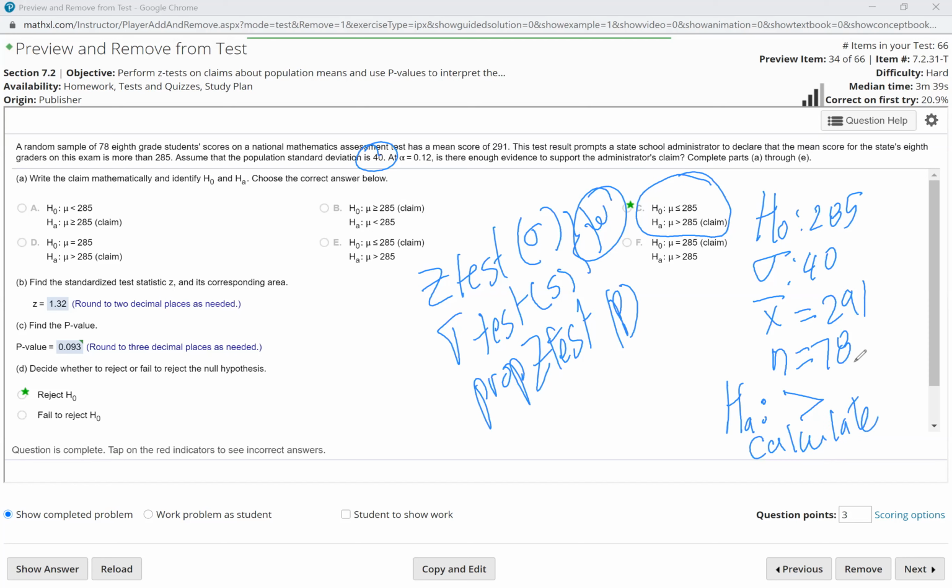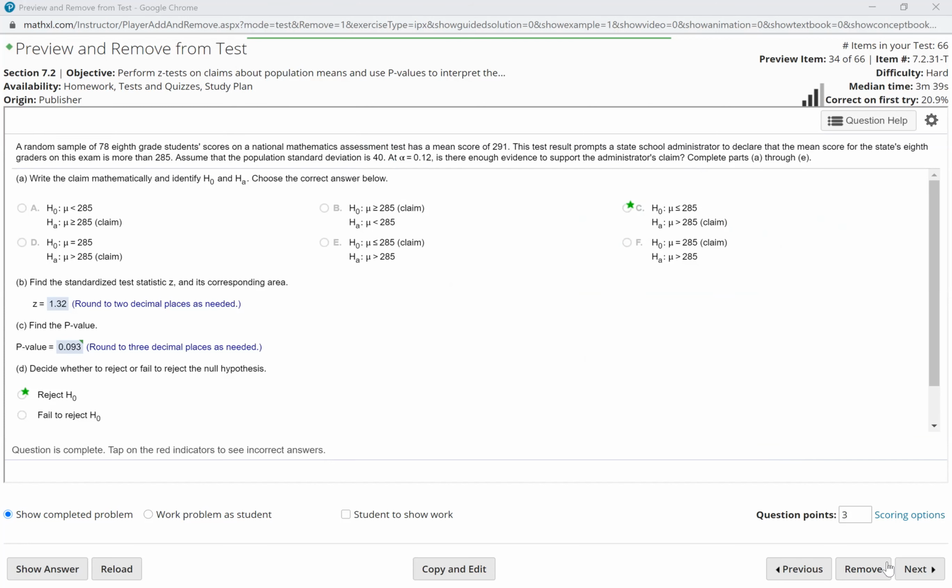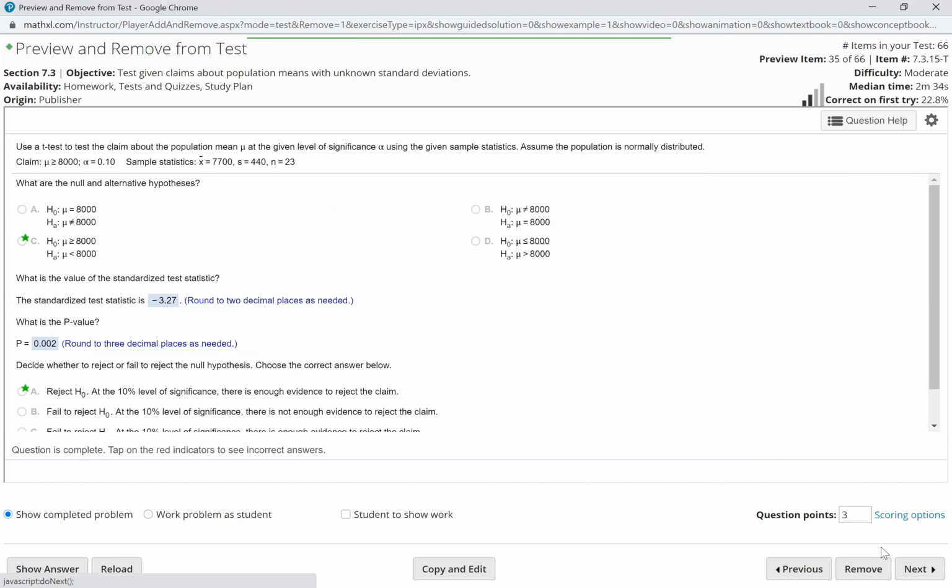I'll let you look at it before I move to the next screen. You will get the test statistic, you will get the p-value, and then you do the remaining steps. Okay, I'll clear. And then next. I know I'm going fast. Remember, this is just a review, guys.